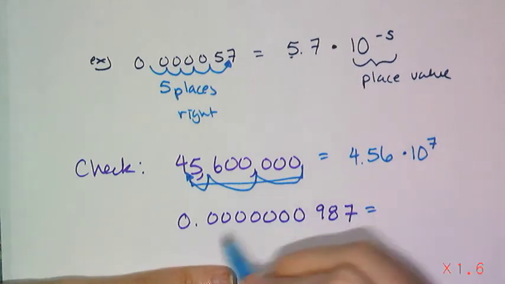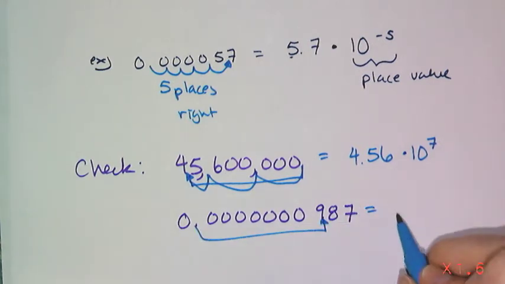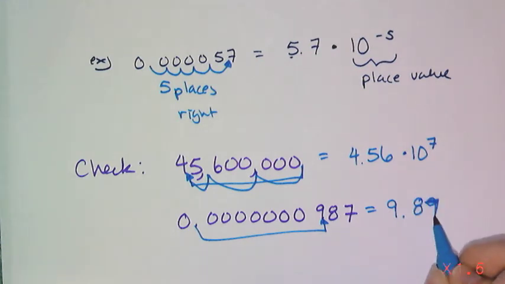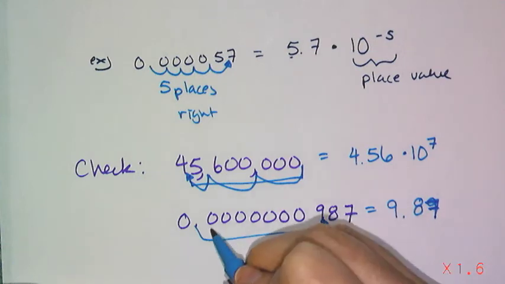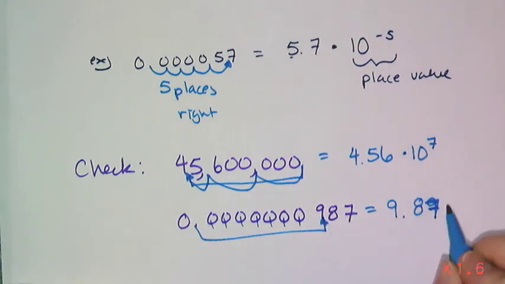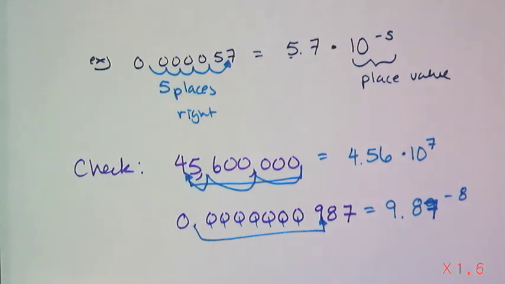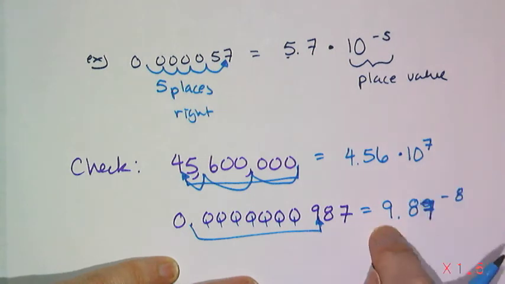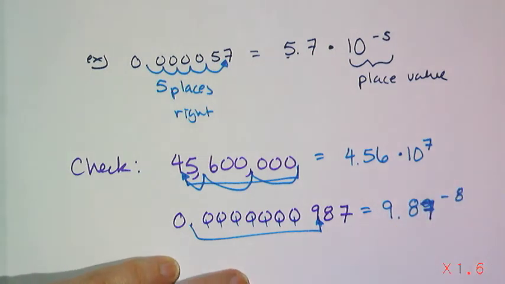And in this case, I need to move my decimal so I get a number between 1 and 10, so it's 9.87, and I have to count how many spaces I moved, 1, 2, 3, 4, 5, 6, 7, 8. So I had to move it 8 spaces. So for those two, you should have gotten 4.56 times 10 to the 7th and 9.87 times 10 to the negative 8.